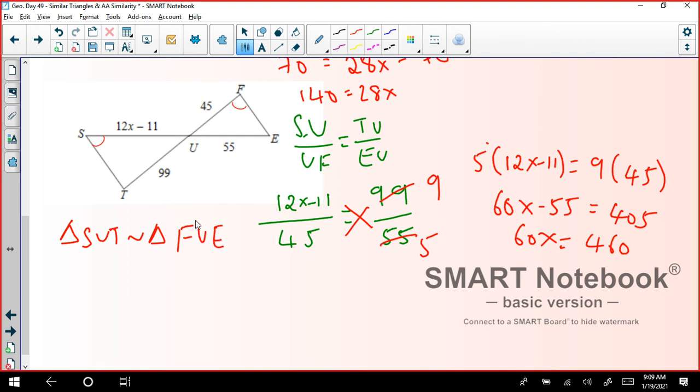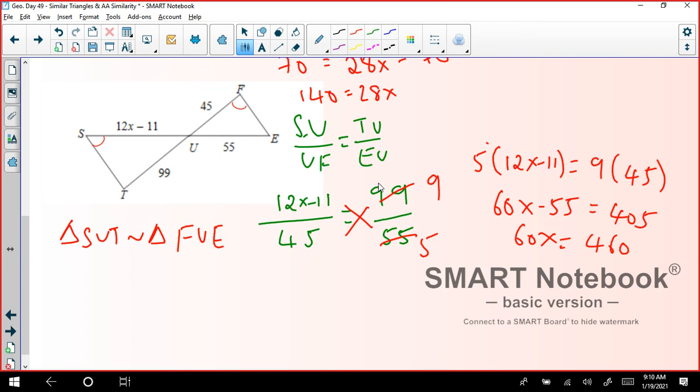Okay, SU over UF is fine and TU over EU is also fine. So you'll have SU was 12x minus 11 and UF was 45 and TU was 99 and EU was 55.